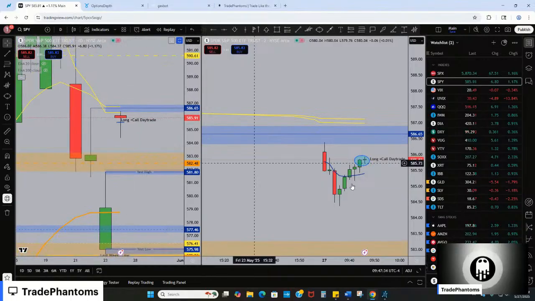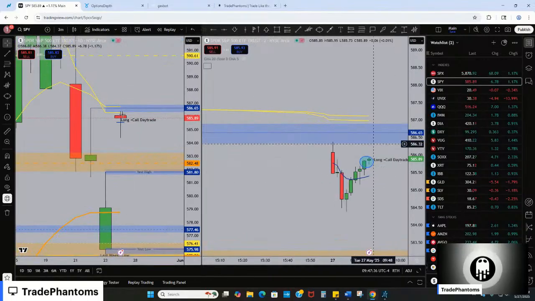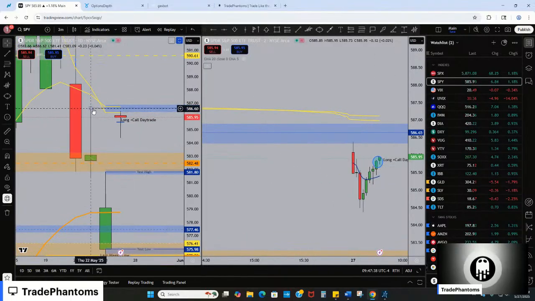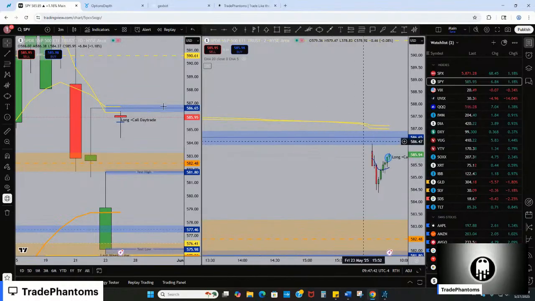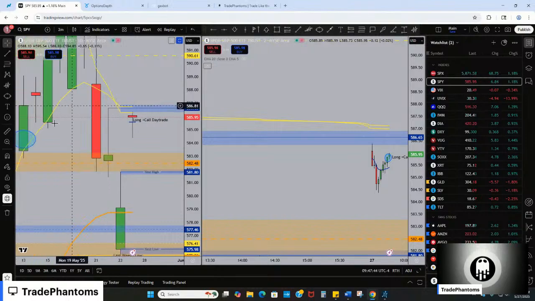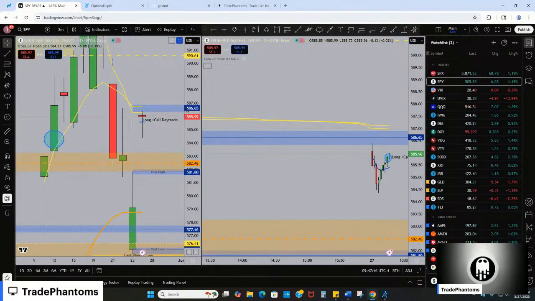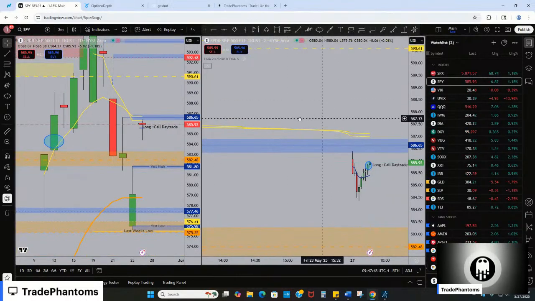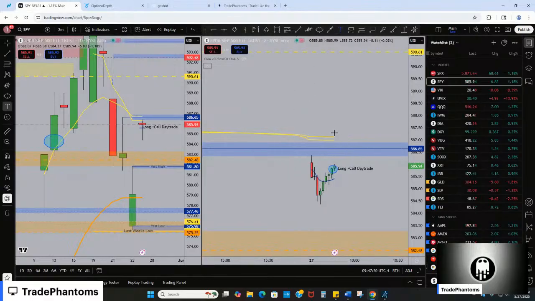All right, nothing crazy. But if we could swipe up above this Thursday daily high, right at that blue line right there, and get into these yellow, last week and the prior week VWAP, I'm going to take profit up here.